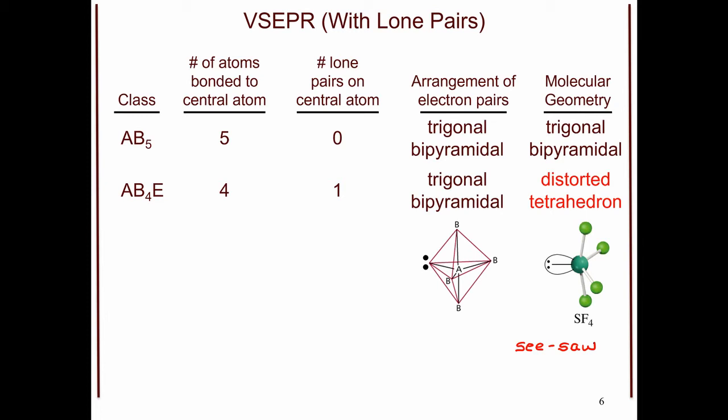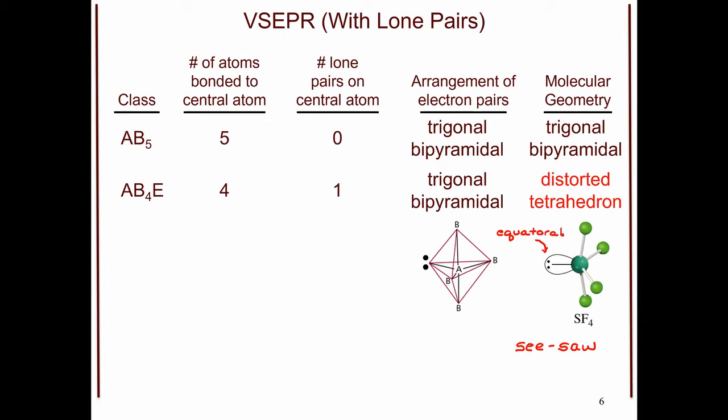There's an important note in here, and that is because of the trigonal bipyramidal having 2 different types of locations, the axial and equatorial. Notice that our lone pair in this case is going into an equatorial position. When dealing with the trigonal bipyramidal, we want our lone pairs to always go in equatorial positions.